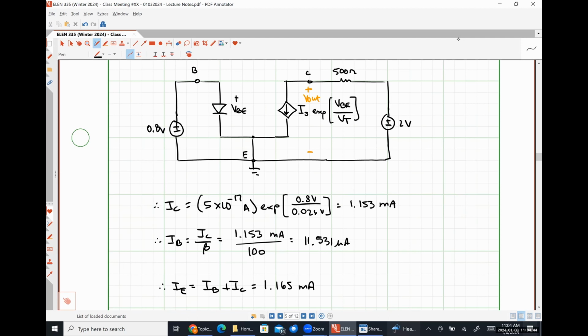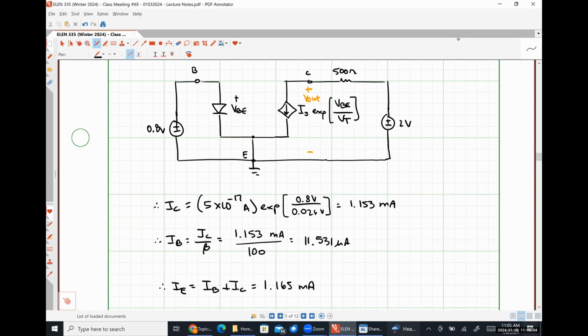Okay. So in a forward active mode of operation for a bipolar junction transistor, we know that our base emitter junction needs to be forward biased and our base collector junction needs to be reverse biased.